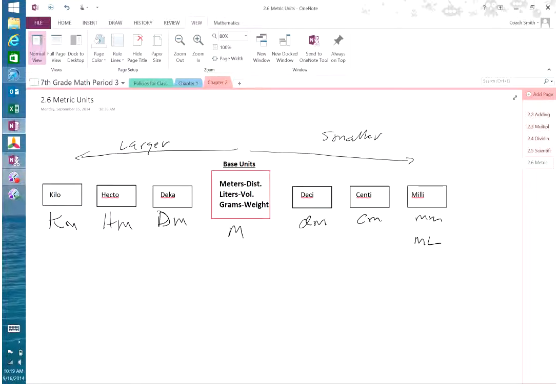Small m, capital L, milliliters. Now when you get to this side, all these are small letters. When you get to this side, all these are capital letters. And the M, most of the time the M is capital. So we have 591 milliliters.